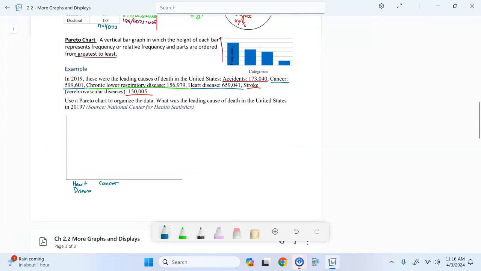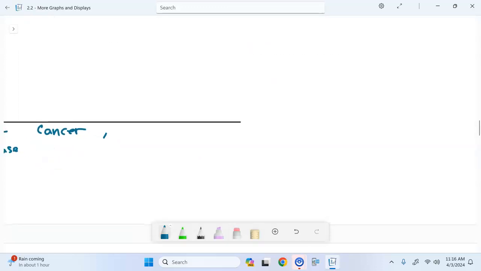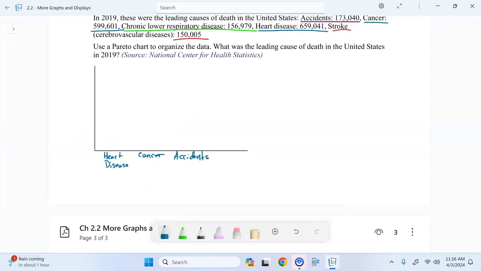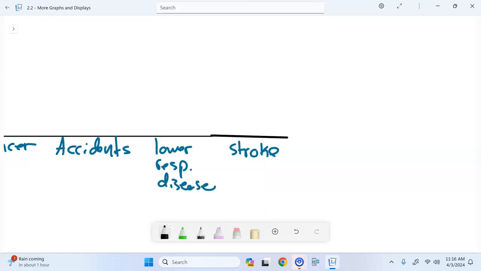After cancer? After accidents? Lower respiratory disease, and then that leaves us with stroke. Set up my graph just a little bit.